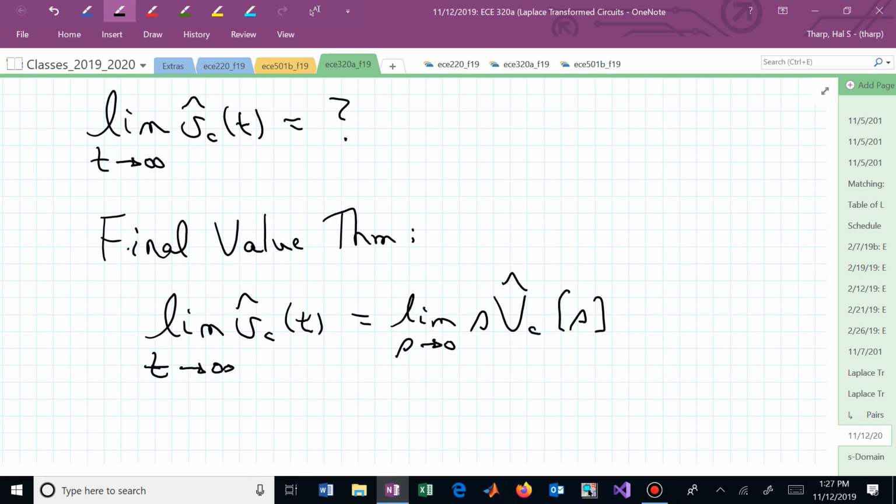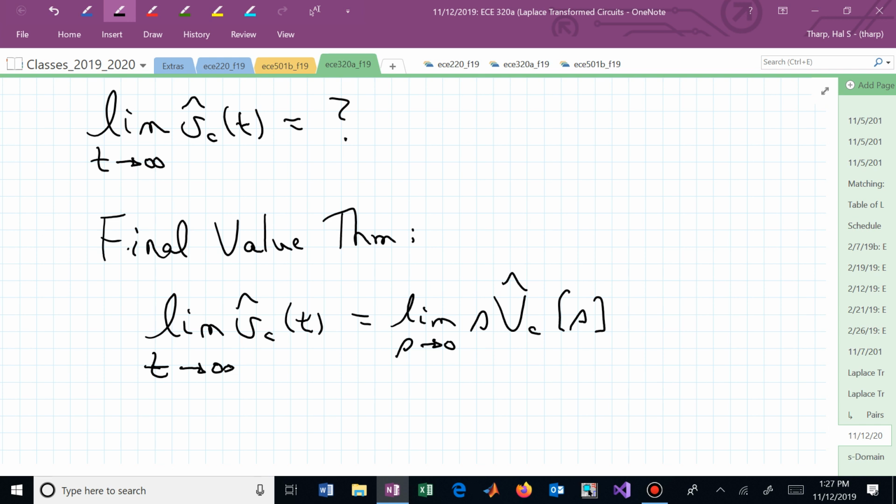Now we wouldn't have to go through all of these gymnastics in order to find V sub C of t and then let t go to infinity. We've already found capital V sub C hat. Let's now multiply it by s and let s go to 0. What happens when we do that?